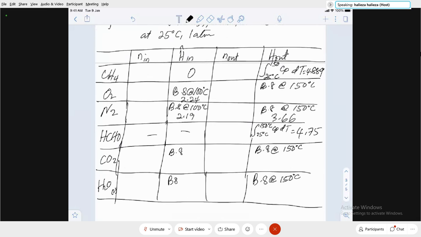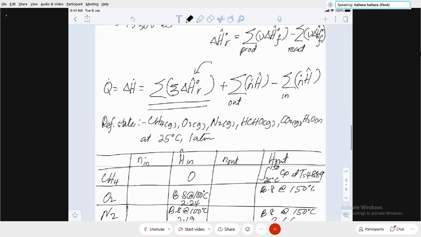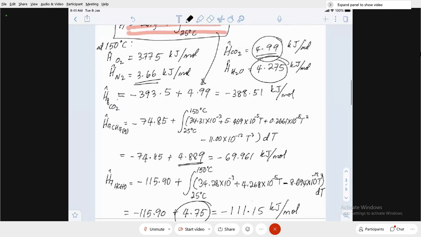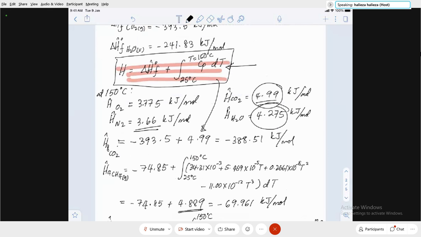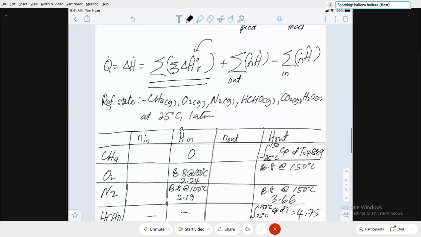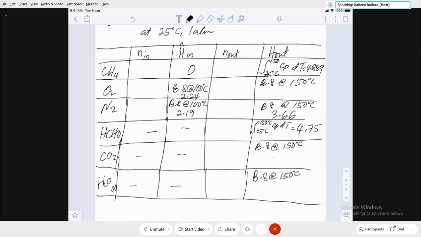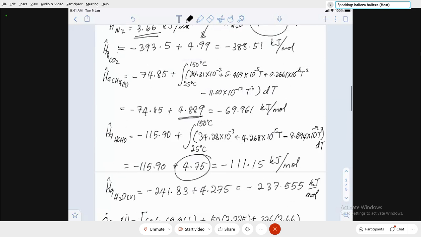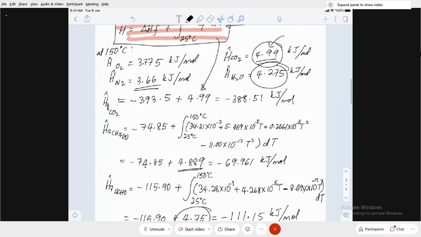Sorry, I should not be putting that here because there's no carbon dioxide in the inlet and no water vapor. So for carbon dioxide at 150, you gave me the value, 4.99. And for water vapor at 150, 4.275.